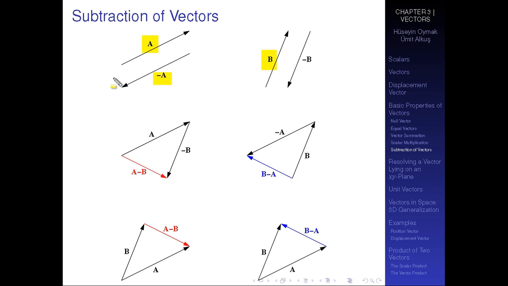Then the additive inverse of A is nothing but the vector minus A, which is antiparallel to A. And the inverse of B is again the vector minus B, which is antiparallel to B. We can geometrically obtain the vector sum A plus minus B to obtain A minus B, and also B plus minus A to get B minus A by the tail to head fashion.